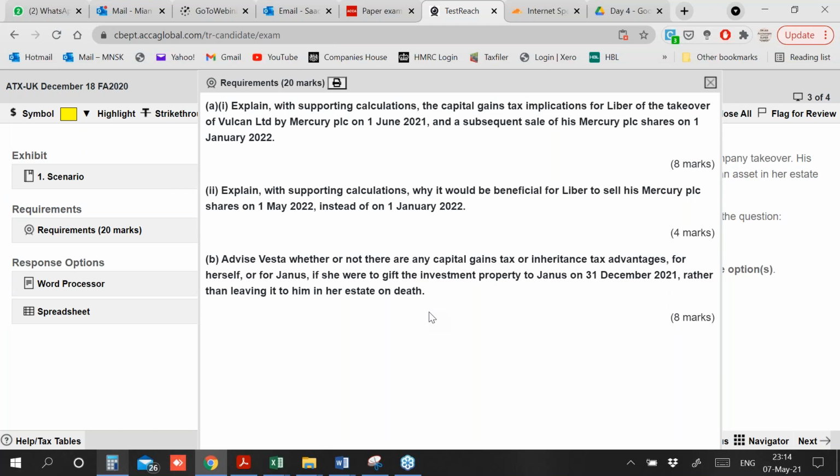So if she gives the house or the investment property to Janus in her lifetime, it will be recorded as a PET in IHT, and in CGT I have told you the implications. So guys, if you have received a PET as a donee from someone and that person dies within 3 years, you, as the donee, now have to pay the IHT on that.